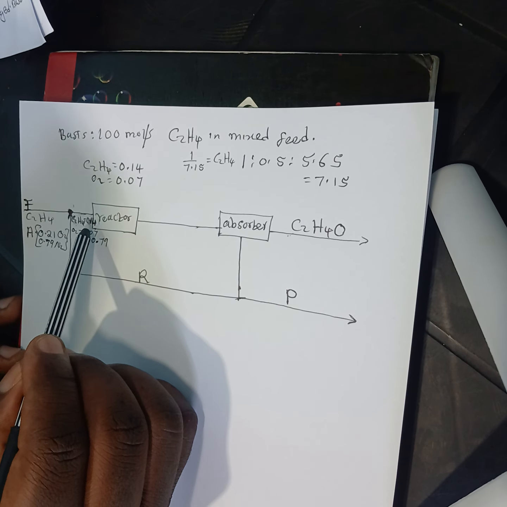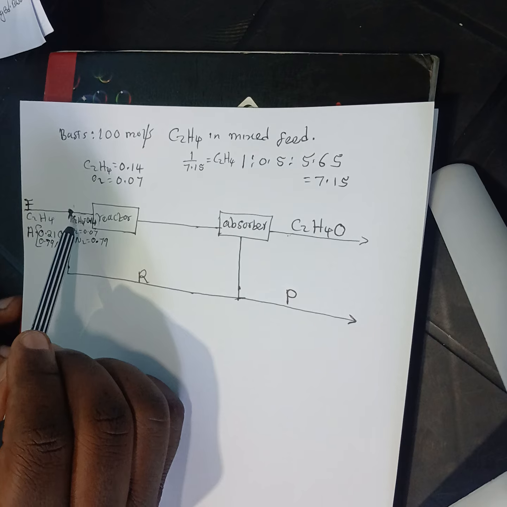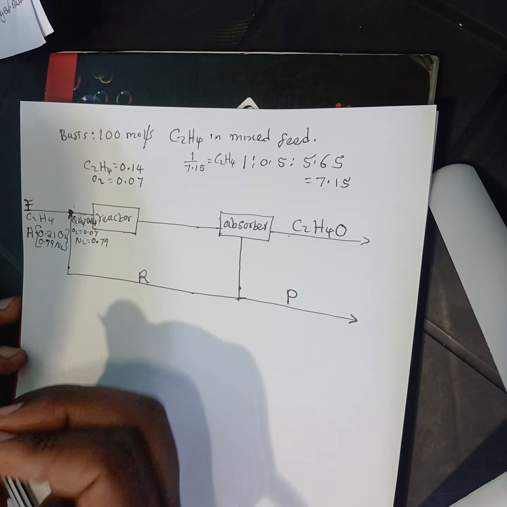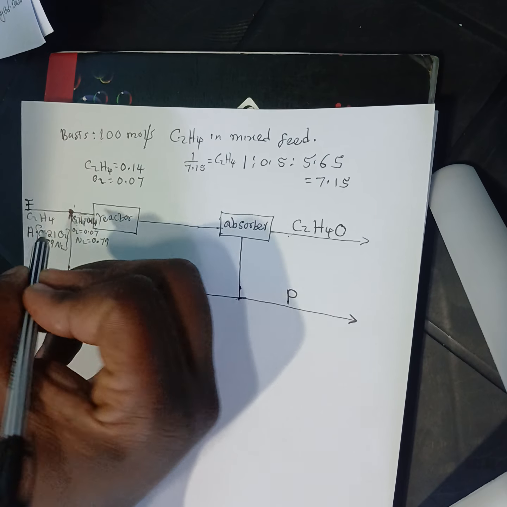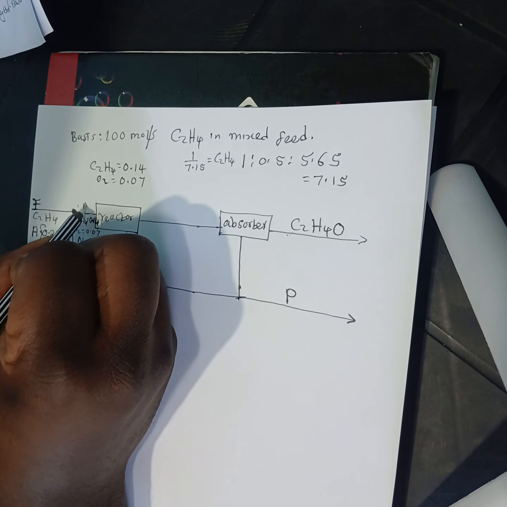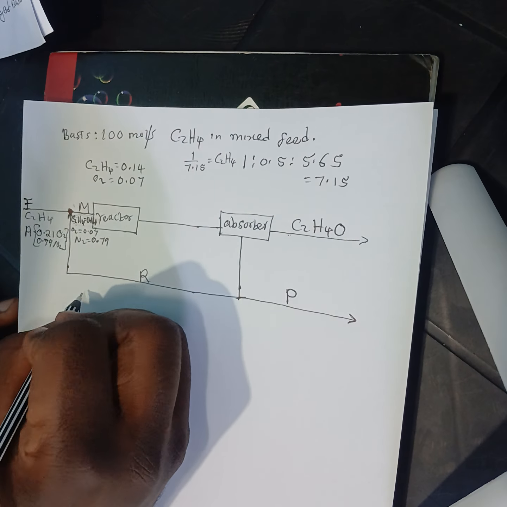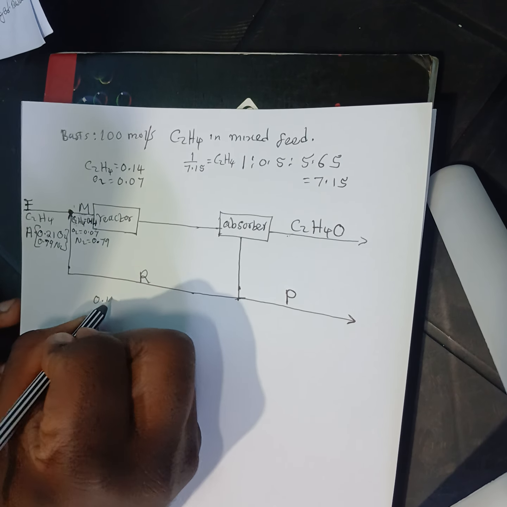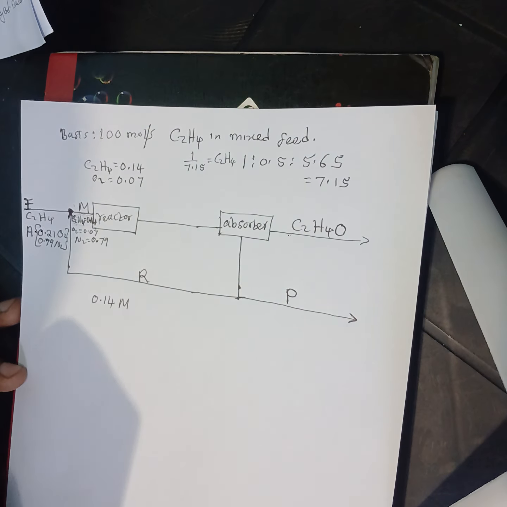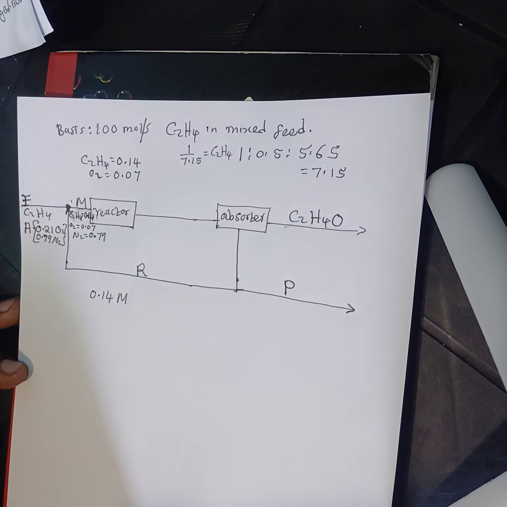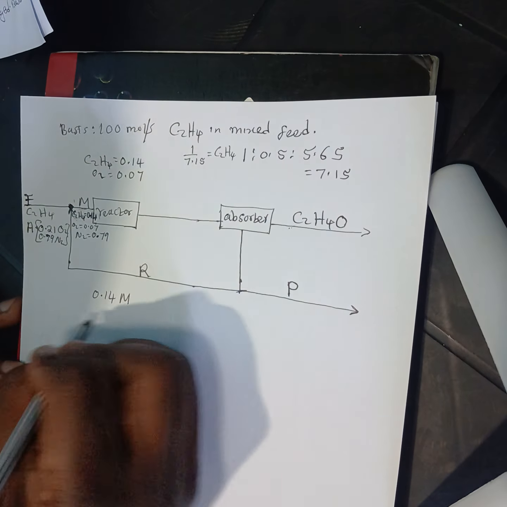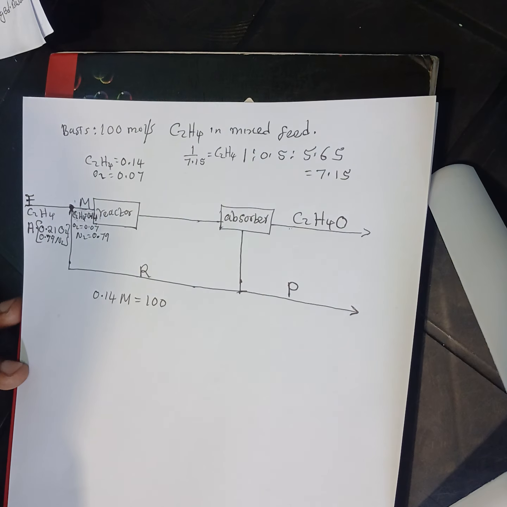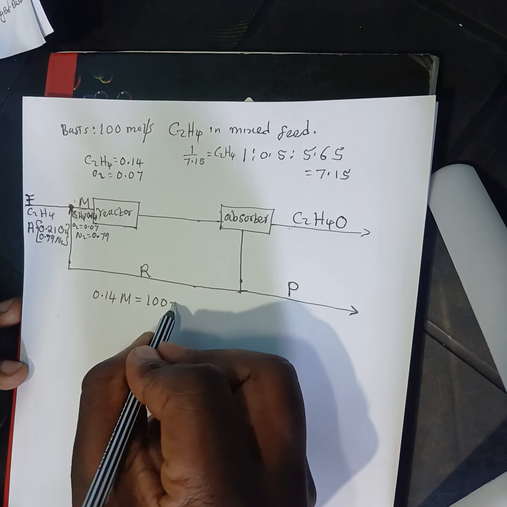So now, how can we determine the total flow rate if we know the composition of ethylene? The job is easy. Let's say the mixed feed is M, meaning that 0.14 of M is equal to 100 moles per second.